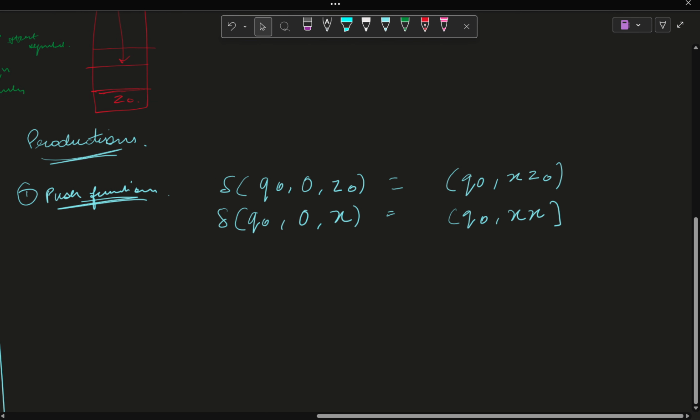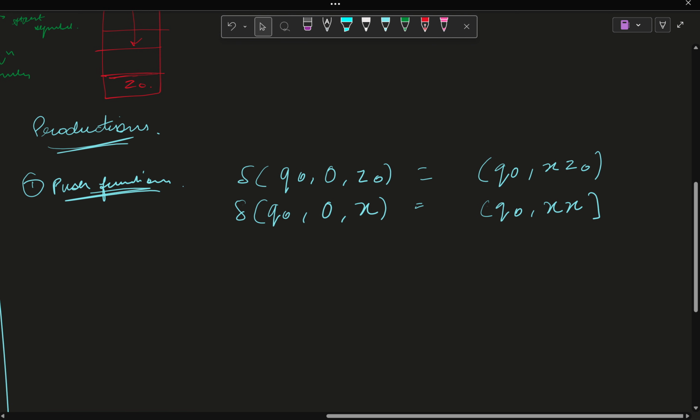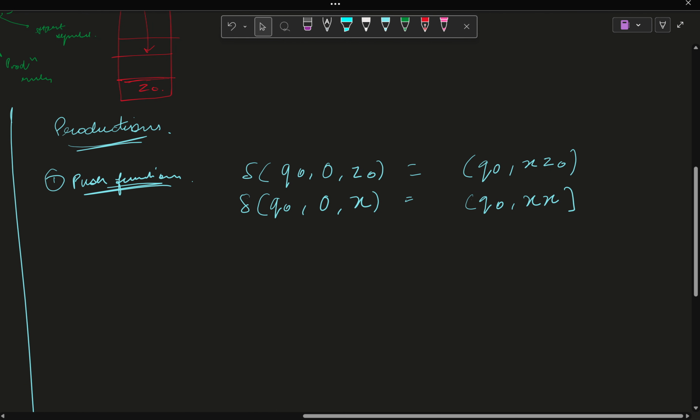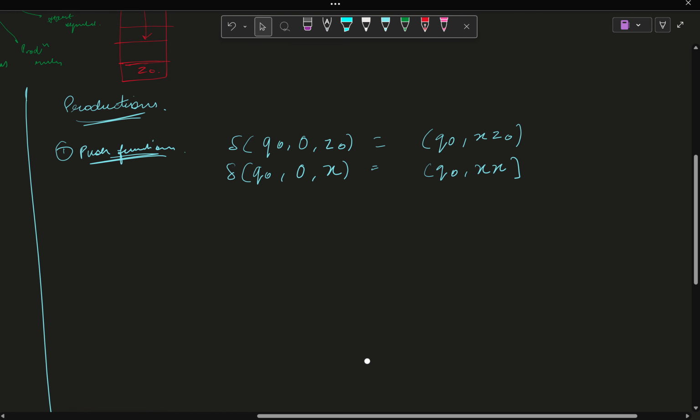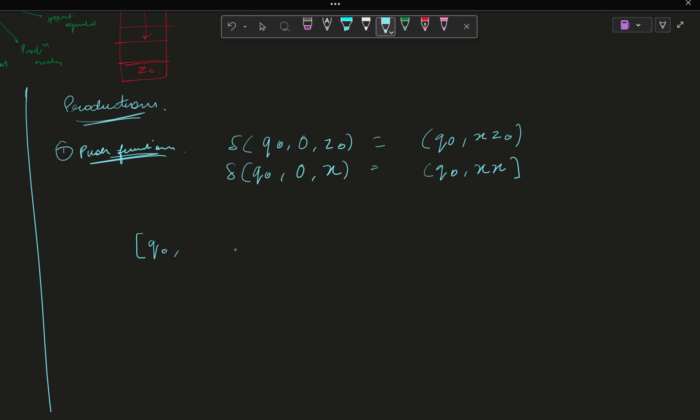So here are our push functions, and we need to first define how these are being pushed. So let's start by defining our push functions. Q0 Q0, Q0 Q1, then there is Q0 Q1, and Q0 Q1.